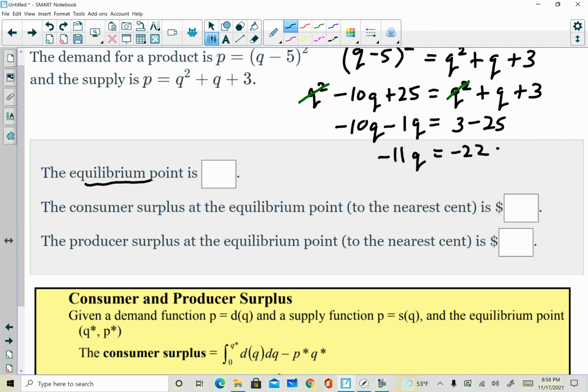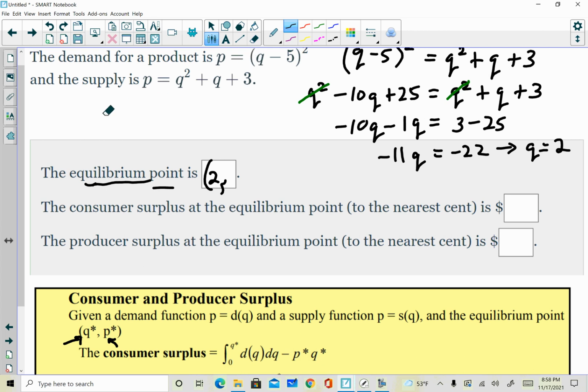Divide both sides by negative 11. So Q equals 2. The first coordinate of the equilibrium point is Q. To get the second coordinate, we replace Q with 2 in either one of these.